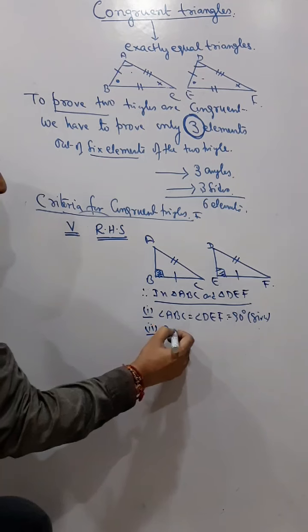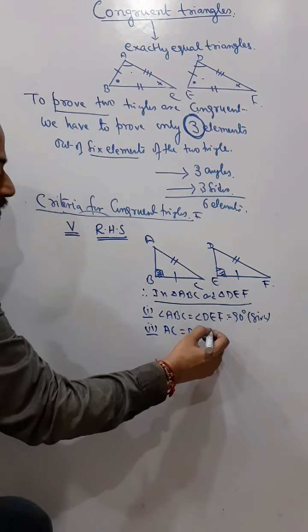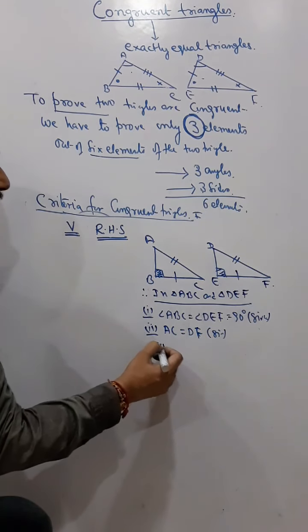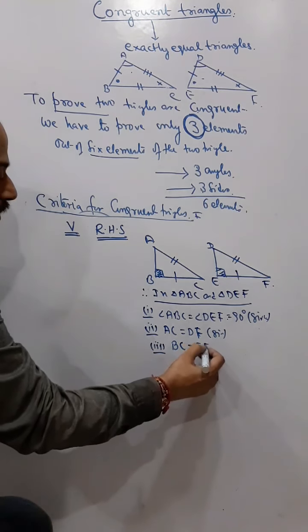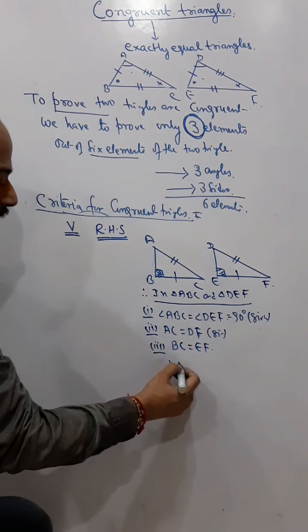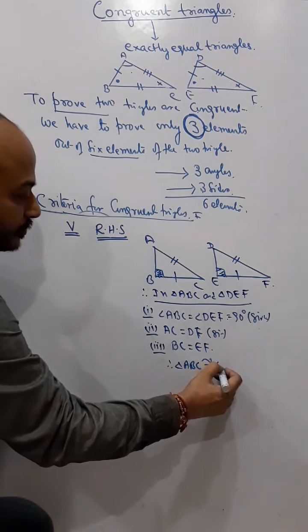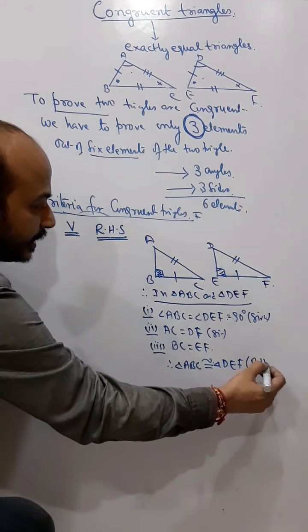Number 2, we can say AC equals DF. That is also given. And number 3, we can say BC equals EF. Therefore triangle ABC is congruent to triangle DEF, and the condition is RHS.